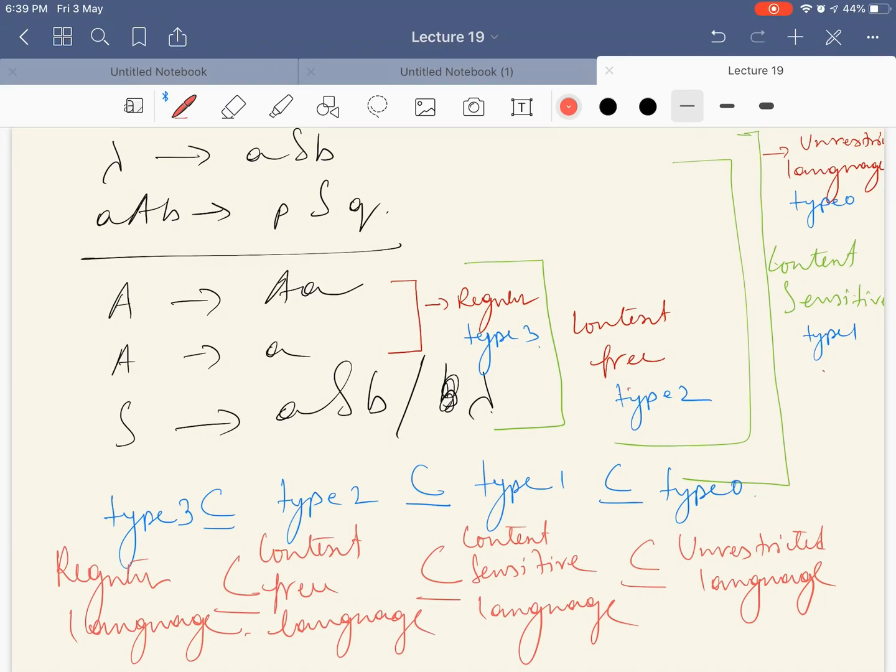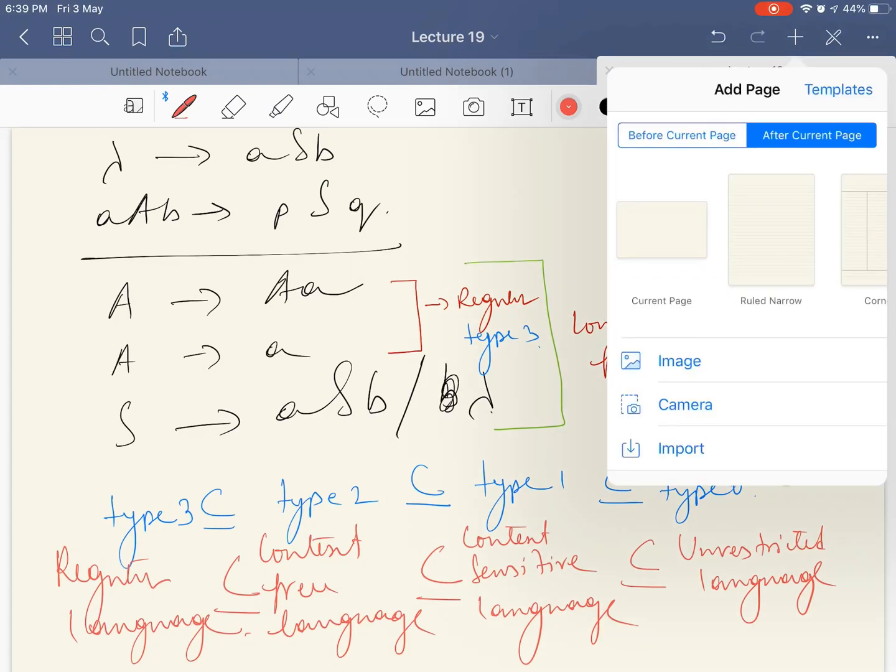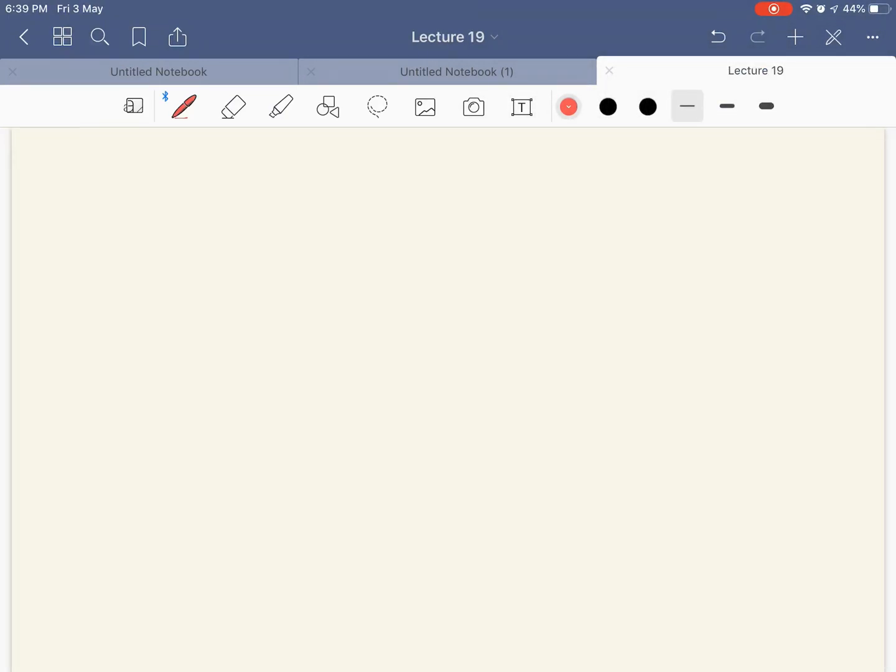Now this is the language hierarchy. Now let us see what should be the hierarchy for its corresponding grammar as well as automata.